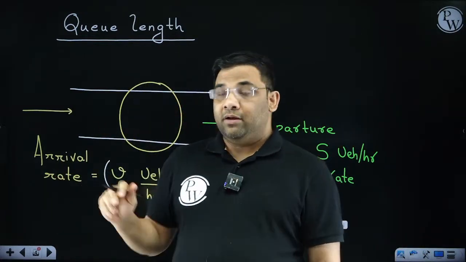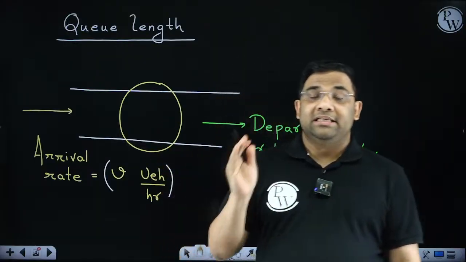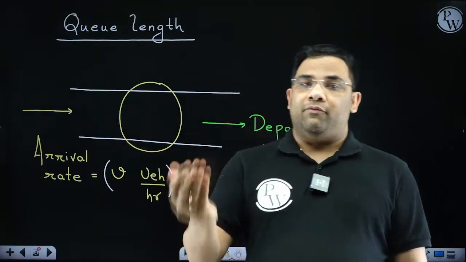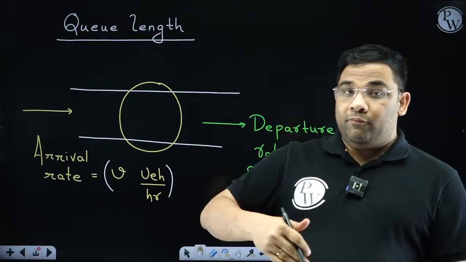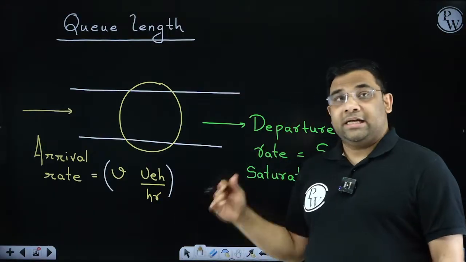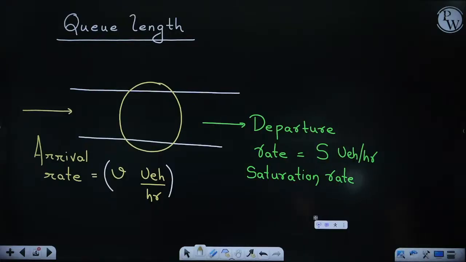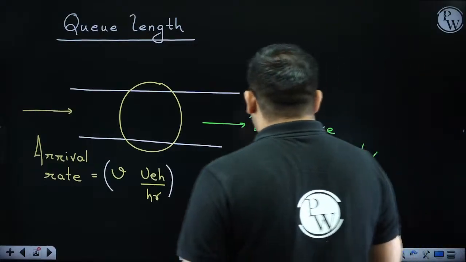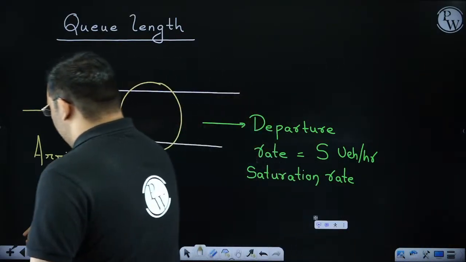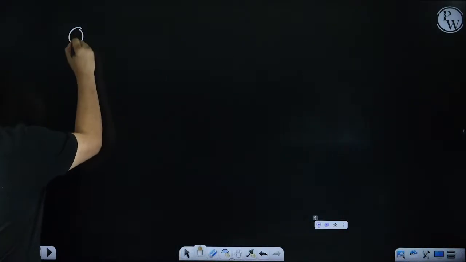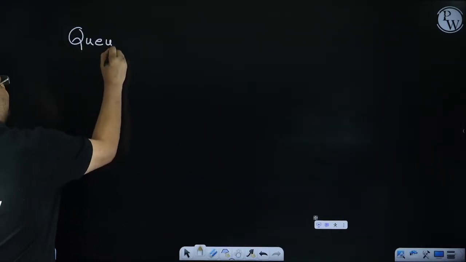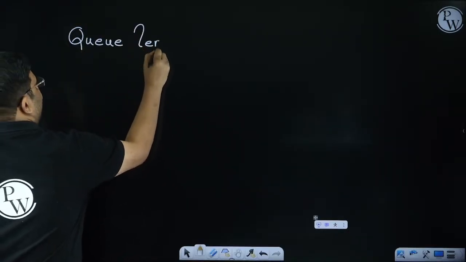That means from this point, 80 vehicles are departing per hour. So now from this arrival rate and departure rate, how will we find out the queue length?